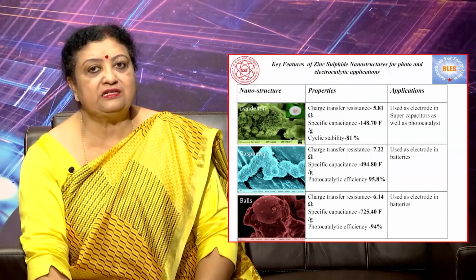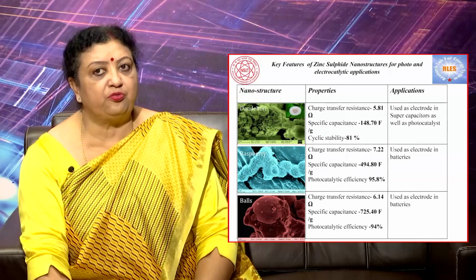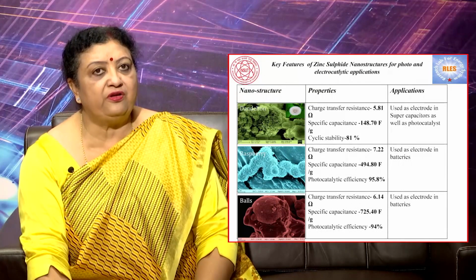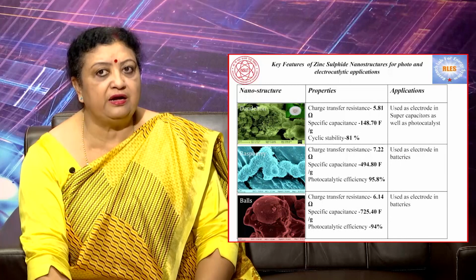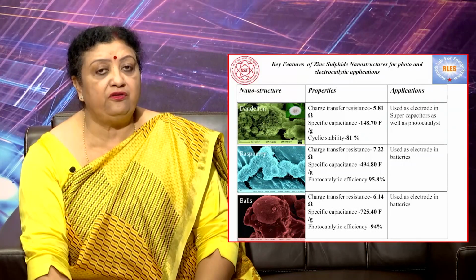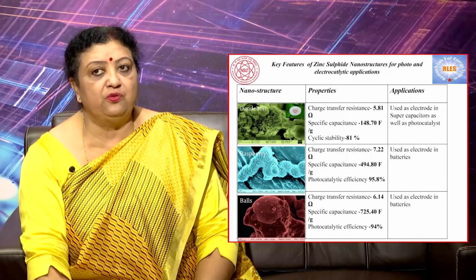The ball-like ZnS nanostructures have charge transfer resistance 6.14 ohm, specific capacitance 725.40 farad per gram, and the photocatalytic efficiency is about 94%, that is very high, and it can also be used as electrode in the batteries.